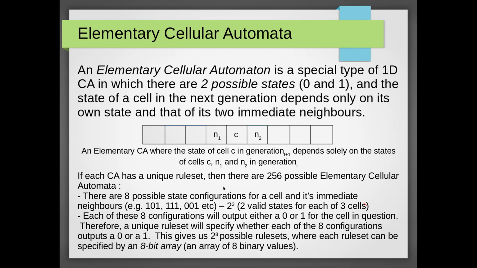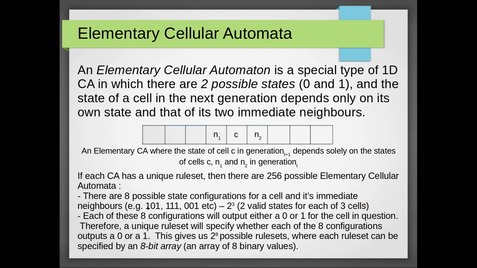Now, if each cellular automaton has a unique rule set, then that means there are 256 possible elementary cellular automata. The reason there are 256, if we think this through, is that there are 8 possible state configurations for a given cell and its immediate neighbors.